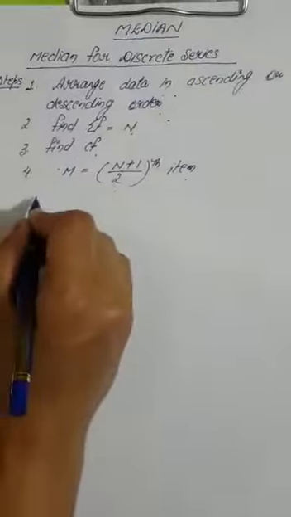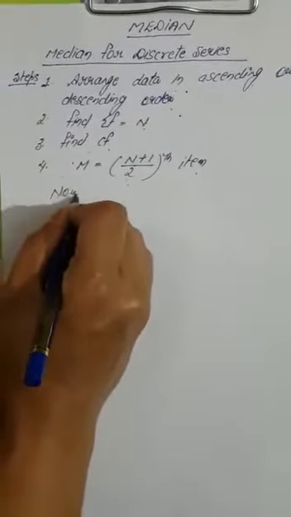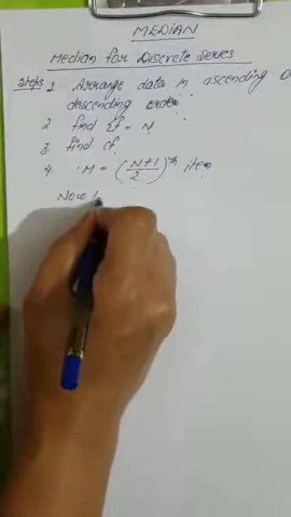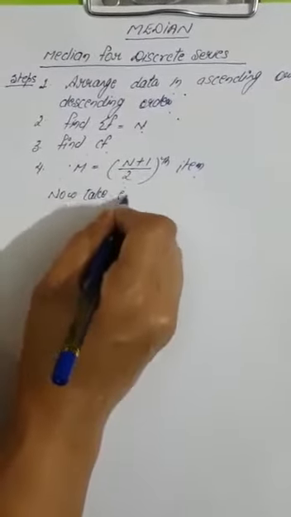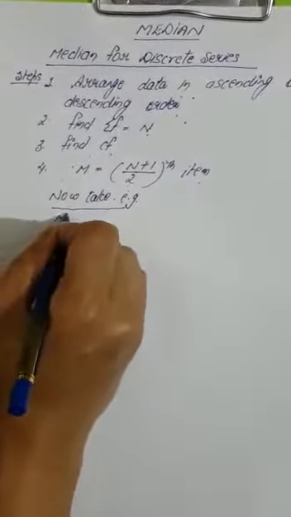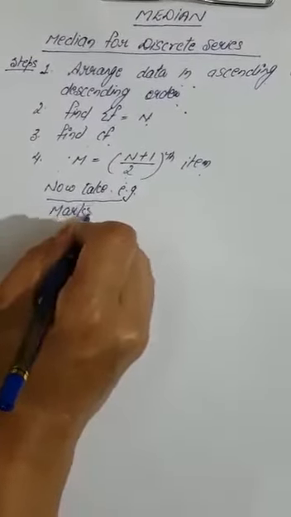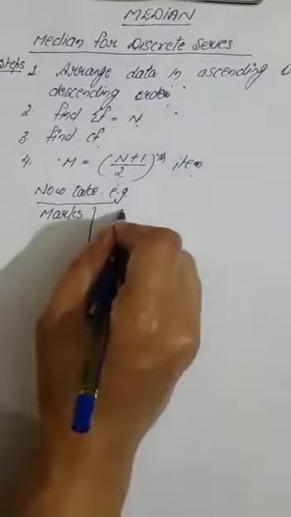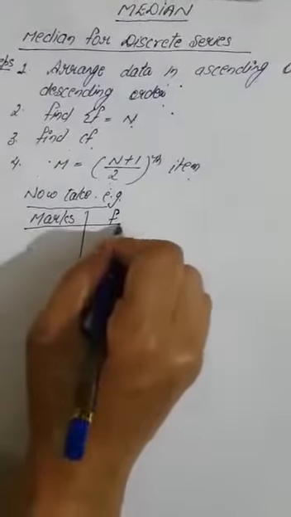Now we are going to start with the help of one example. On one side we have the marks, on the other side we have the frequency.